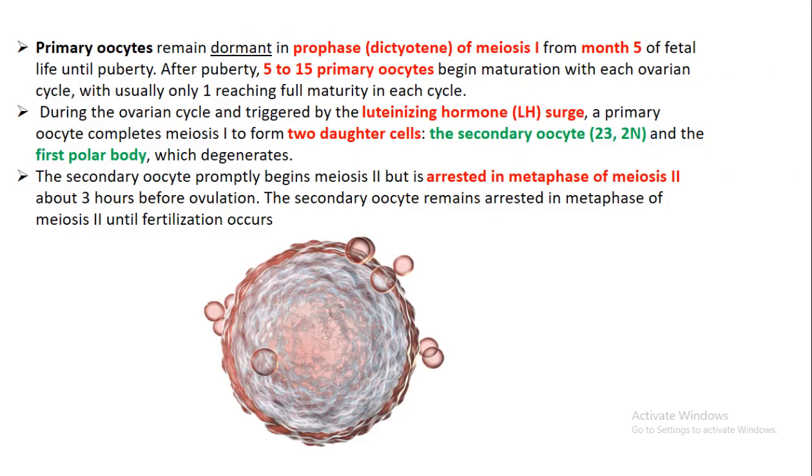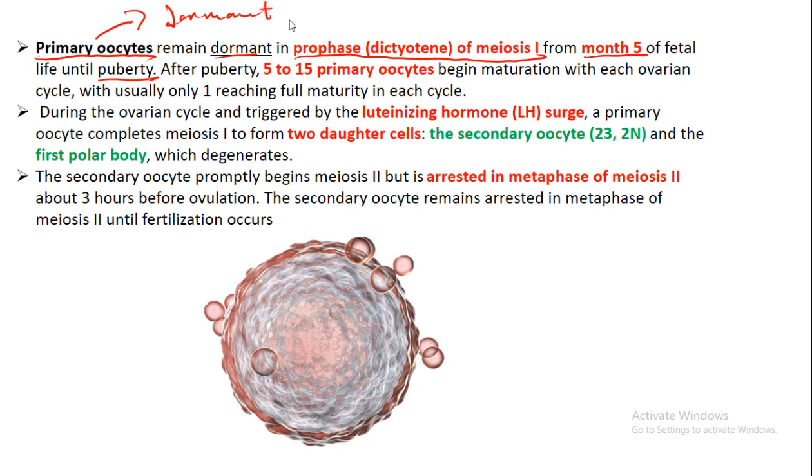So what happens is that when the oogonia changes to primary oocyte in the 5th month of fetal life, this primary oocyte remains dormant at prophase 1. From month 5 of fetal life until puberty, the primary oocyte becomes dormant.